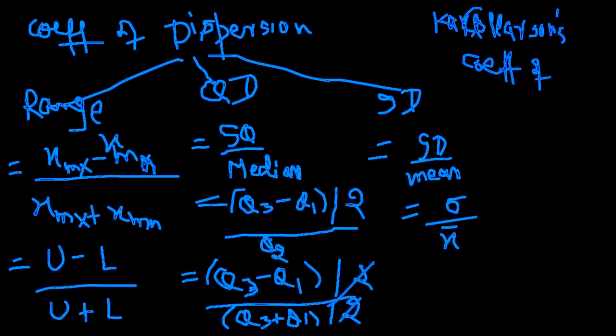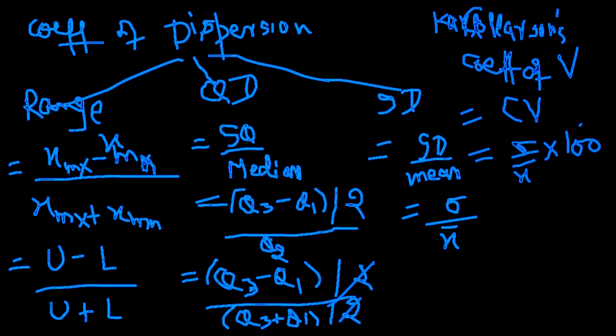Acha, you heard it yesterday in your quiz, or I told you? This is represented as capital CV, and mathematically it is formulated as standard deviation over mean into 100. This gives you the Karl Pearson coefficient of variation.